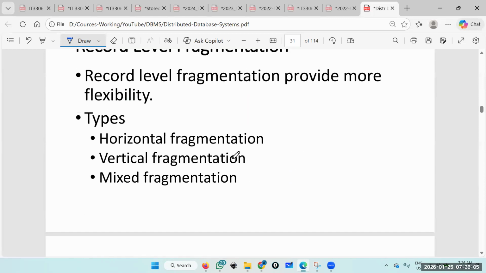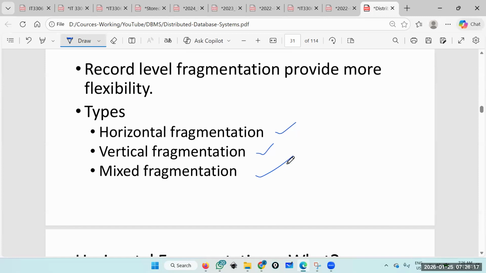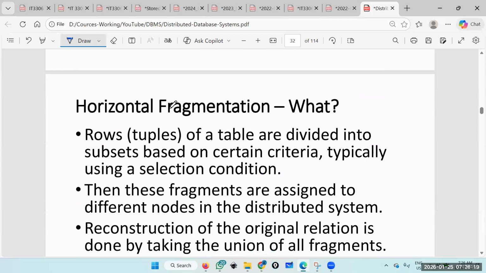Right. So therefore, it results in three types of fragmentation: horizontal, vertical, and mixed. So what is meant by horizontal fragmentation? You have the same table in multiple sites, right? But some records go into the site X table, some other records go into the site Y table.